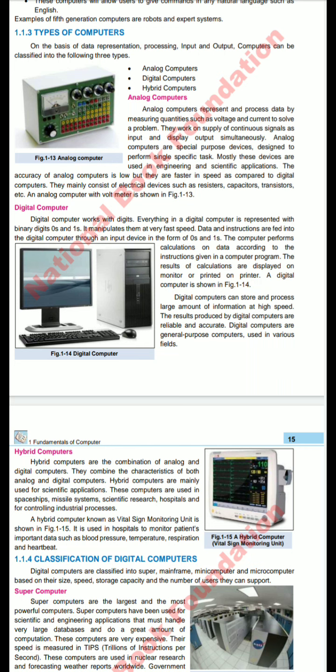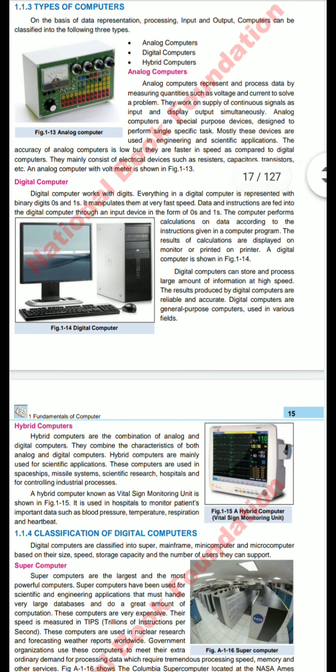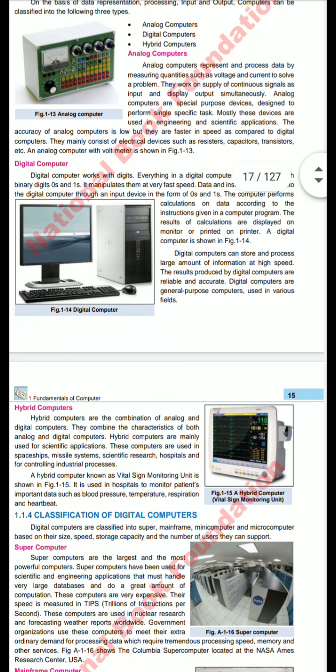The results produced by digital computers are reliable and accurate. The main difference between digital and analog computers is that the result of a digital computer is reliable and accurate. Accuracy is the main thing of a digital computer. Digital computers are general purpose computers used in various fields.